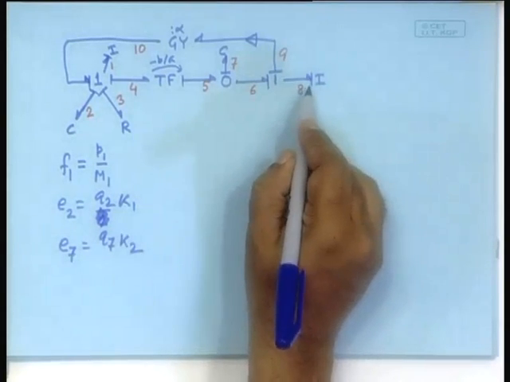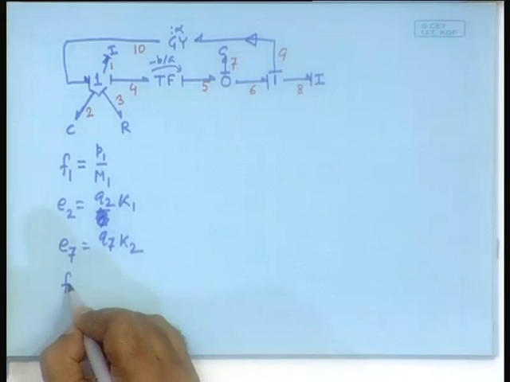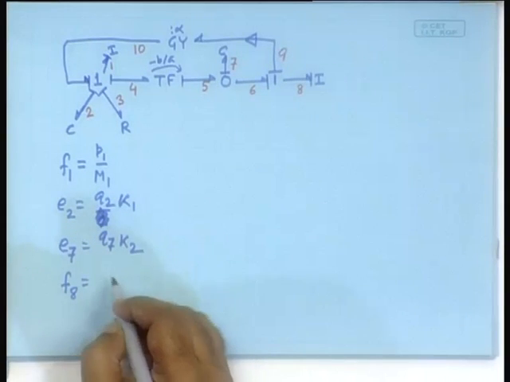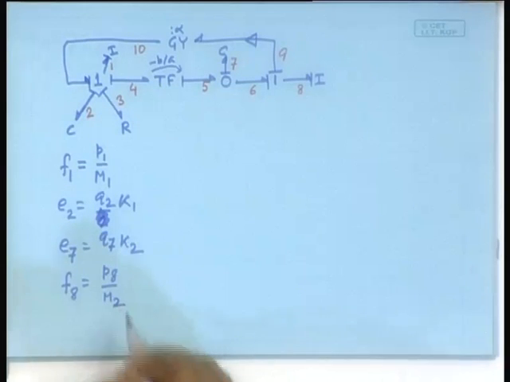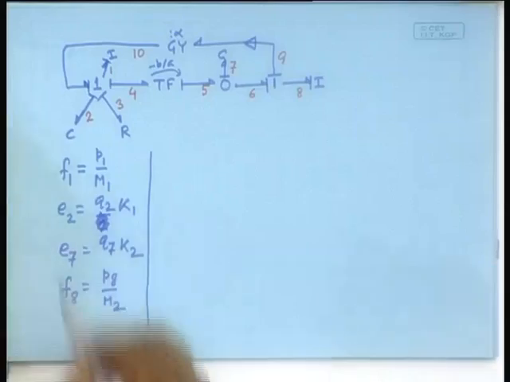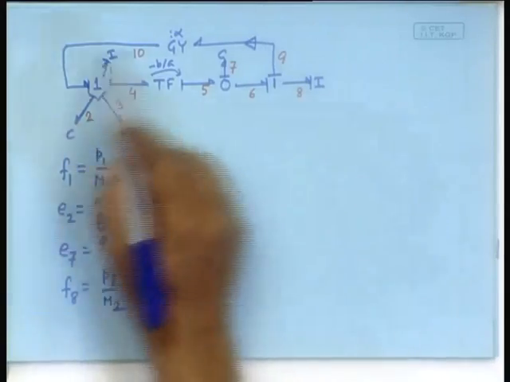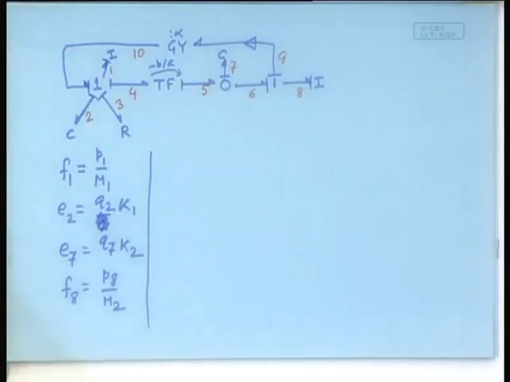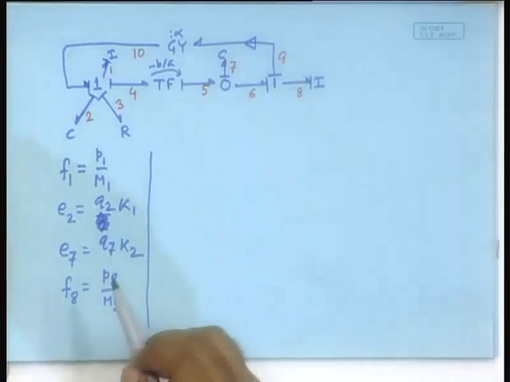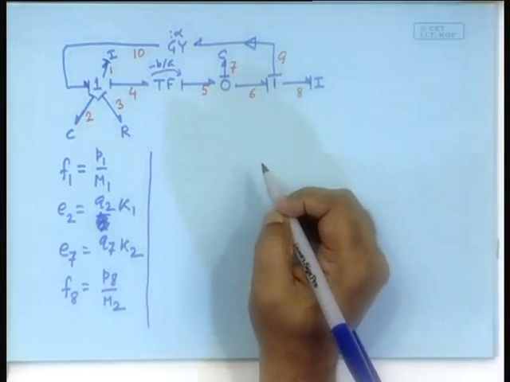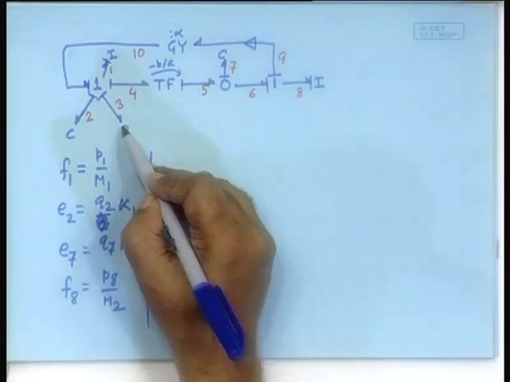And this one, F8, is P8 by M2. Fine. So, we have obtained the ones related to the storage elements.